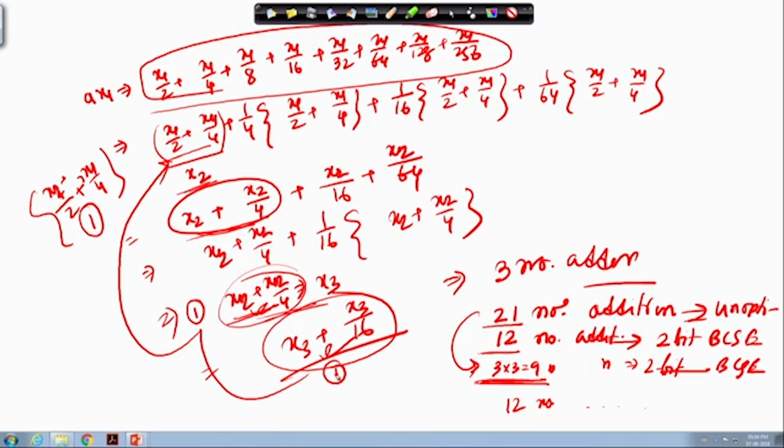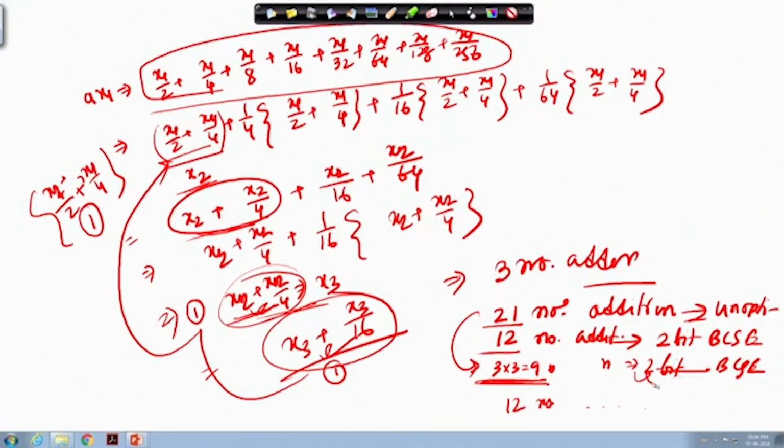In this way we are doing the optimization in the reconfigurable constant multiplier design. This is using the binary common sub expression. You can use any other number method instead of binary: you can use the residue number system and then apply common sub expression elimination to get better results, or you can use the canonical signed digit based number representation and then apply common sub expression to reduce the number in a better way.